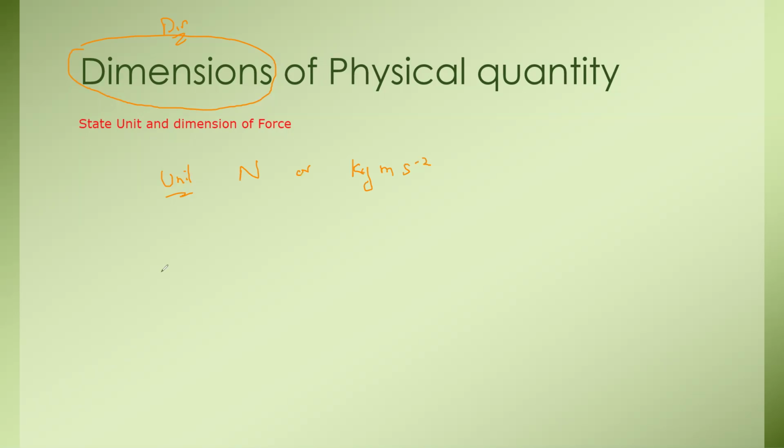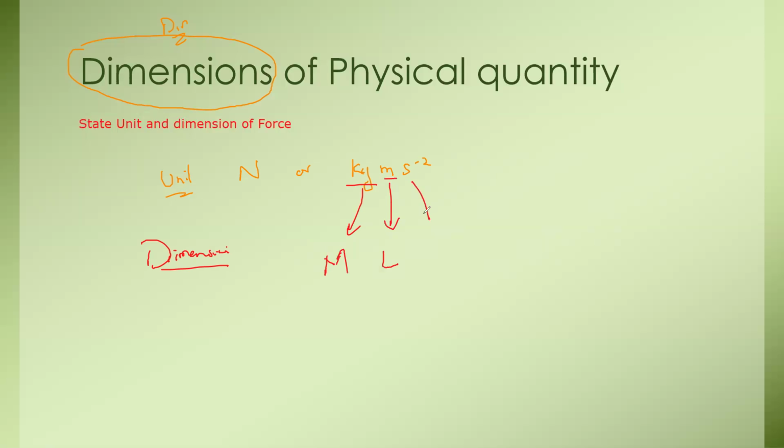So what are the dimensions if I need the force? Kilogram is representing what quantity? Yes, kilogram is representing the mass, so I will write M. Which quantity is meter representing?